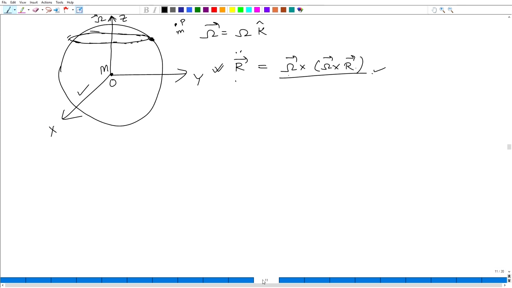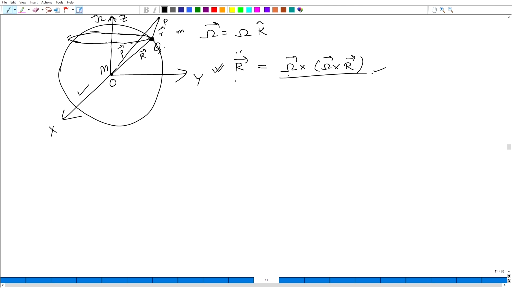With all this, I am now all set to write the equation of motion for the particle with respect to this observer, which I can call Q. This is the r vector, and once again this is badly drawn. This is small r and this is your rho.